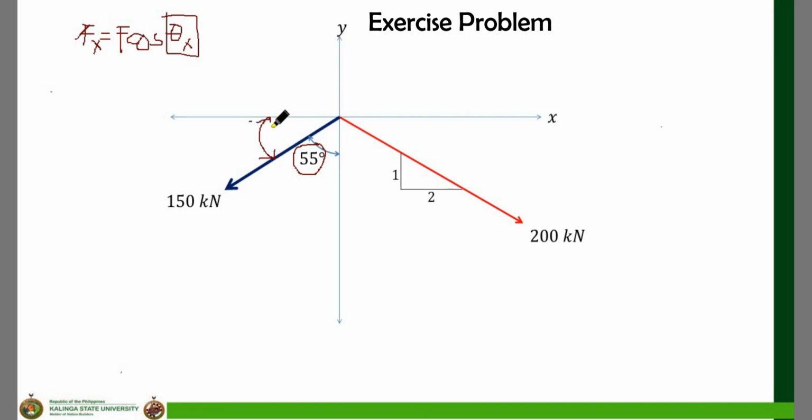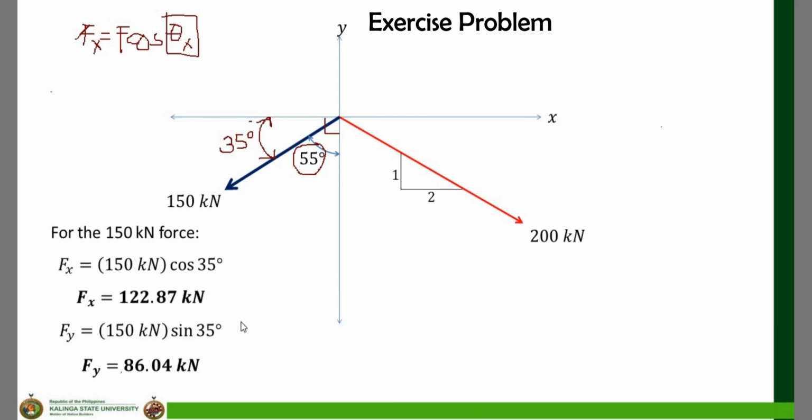And paano natin masosolve yung angle? I know that this is 90 degrees. So, 90 minus 55, that is equal to 35. So, with that, I can use now this equation for the value of my Fx and Fy.